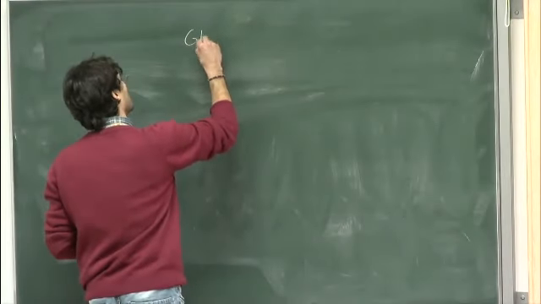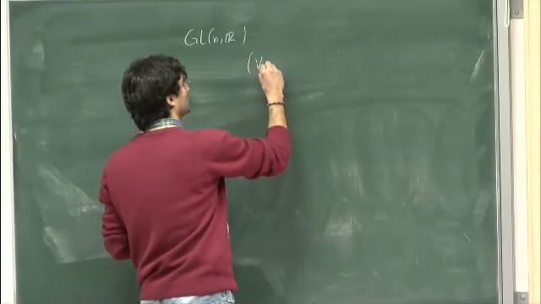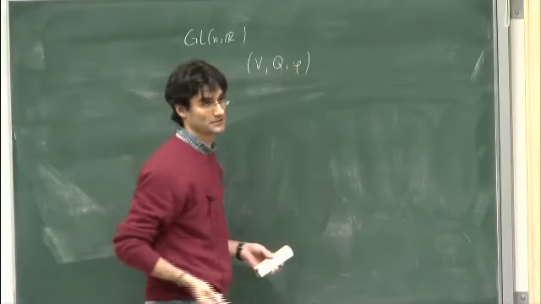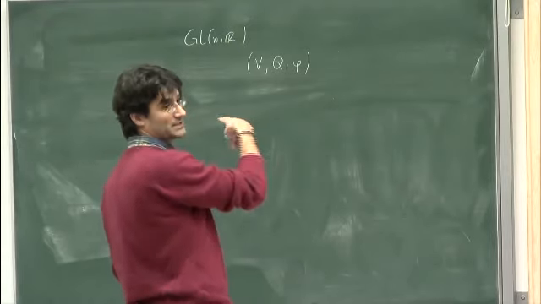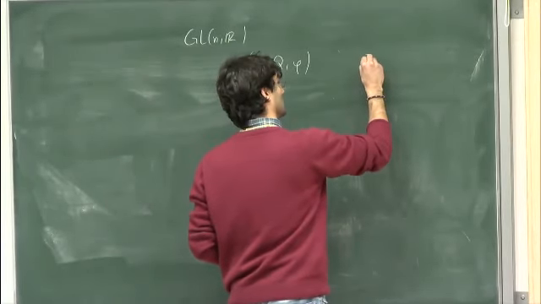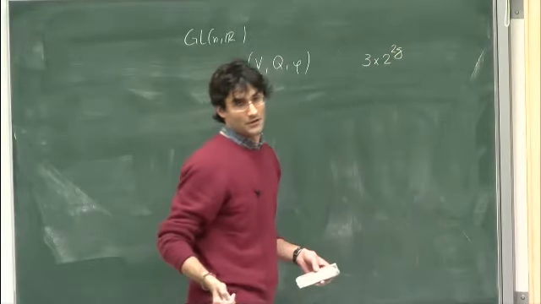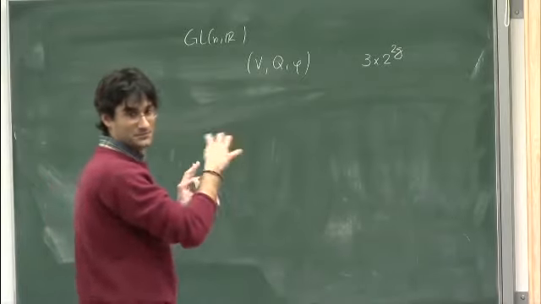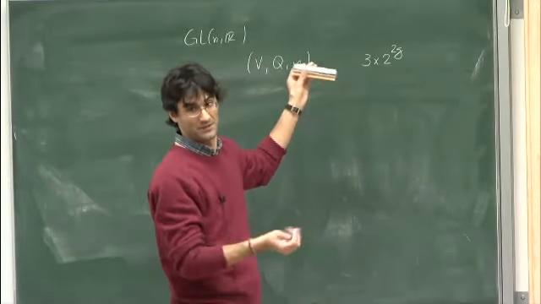A GLNR Higgs bundle is a vector bundle, now a quadratic form, and phi symmetric. It's very similar. But in this case, the moduli space is not connected. I think it has 3 times 2 to the 2g connected components.